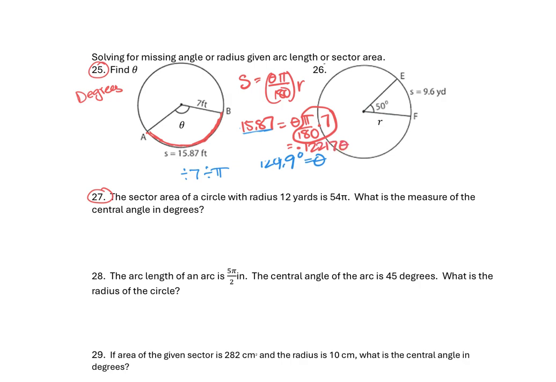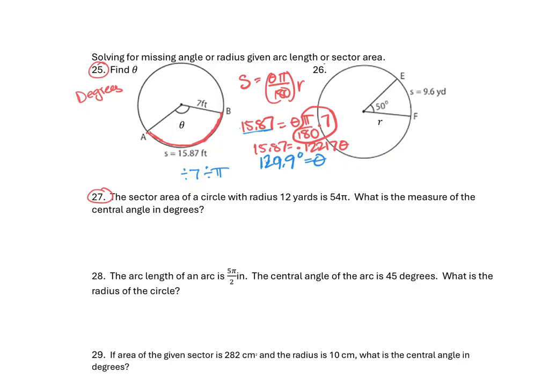Let's say theta times 0.12217 equals 15.87. So now take your 15.87 and divide both sides by your 0.12217, and you're also going to get 129.9. So we get 129.9, whether you do it piece by piece or whether you get one decimal and then divide it over. Both ways are fine.